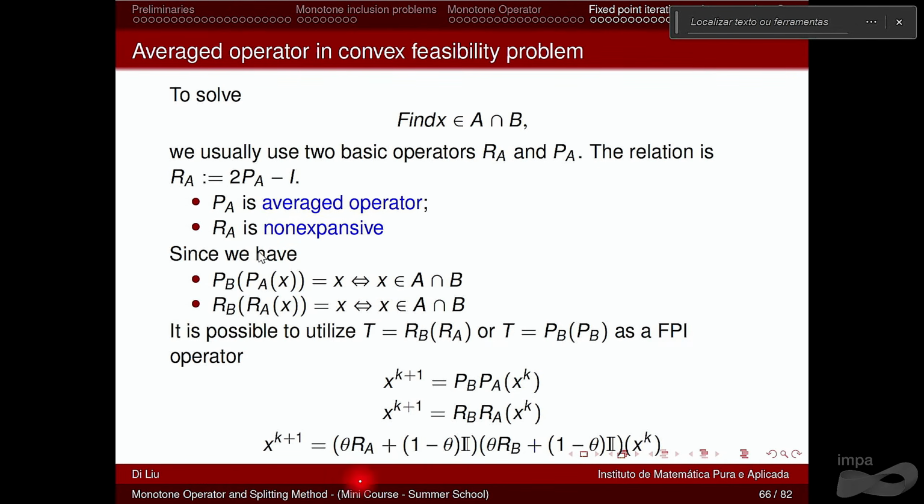That's why in some papers we do not use the reflection operator directly, but use some combination of it. So this is the operator point of view for analyzing some algorithms for convex feasibility problems.